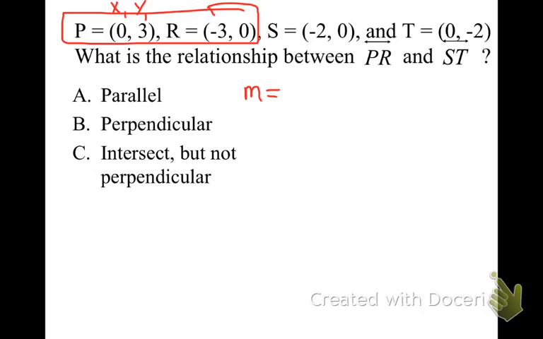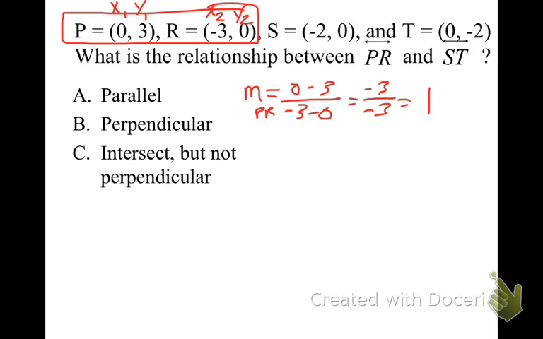And then point R will be x2 and y2. So 0 minus 3 divided by -3 minus 0 gets us -3 over -3, or a slope of +1. So that's the slope of PR, so we'll call that M sub PR.